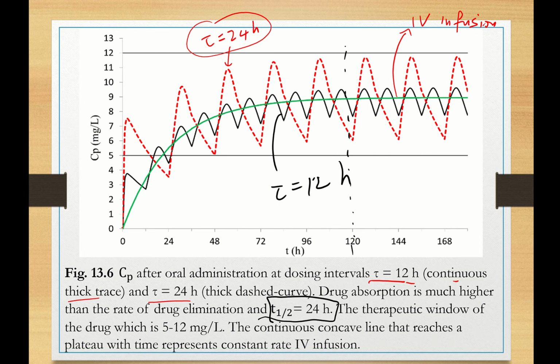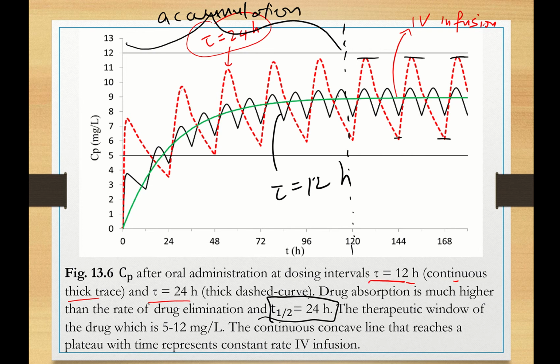So the drug accumulation is until this point. Before this point, the drug accumulates, and you can see the peak is increasing, right? But after 120 hours, it reaches a steady state, and then it just fluctuates between the peak and the trough.